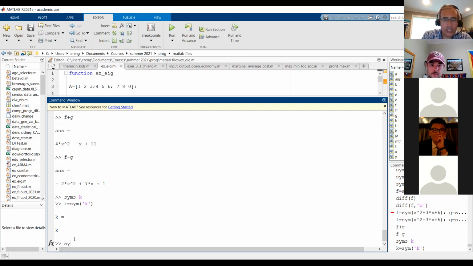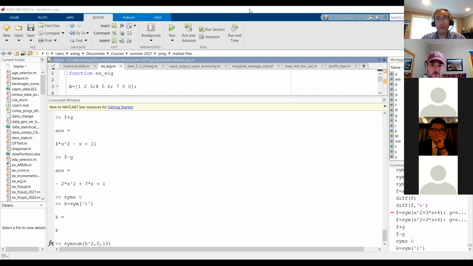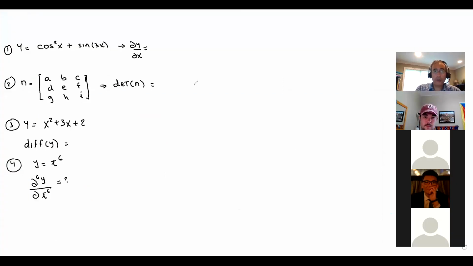So what we can do, guys, is we can do symsum. This is our command. K to the power k squared, and I want to sum from 0 to 10. So what is the symsum? Give me 1 second. What I want to do is the sum of k squared from i equals 0 to 10. So this is what I'm trying to do. Got it?